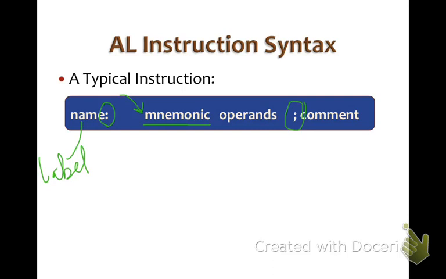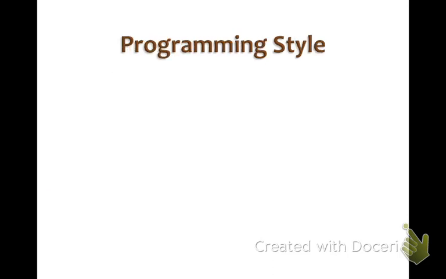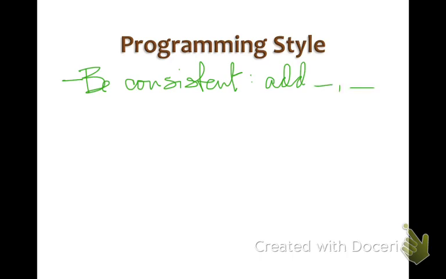So let's talk a little bit about programming styles since we've just looked at the instruction. Opcodes are not case sensitive, but be consistent. So let's just say be consistent in use of case. You can say add something to something, you could also say ADD something to something, but be consistent, whatever you do.